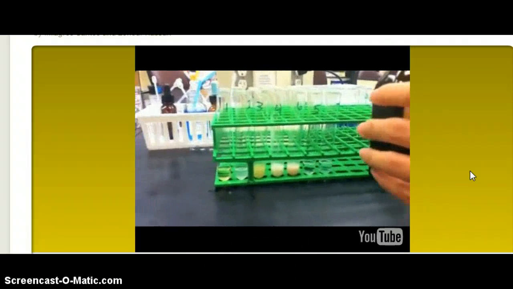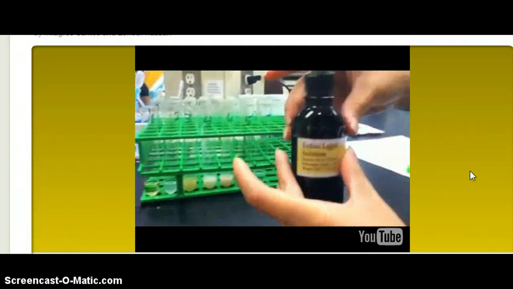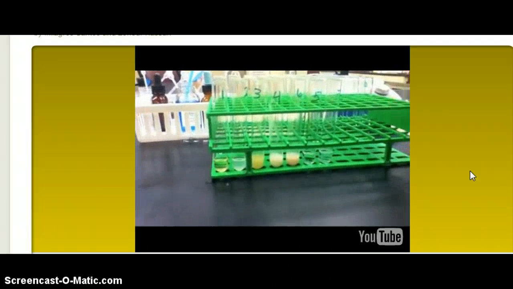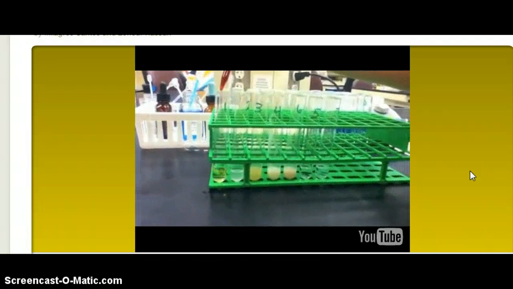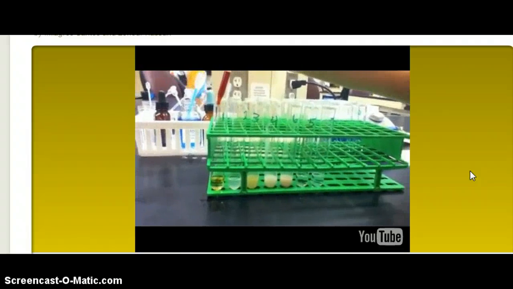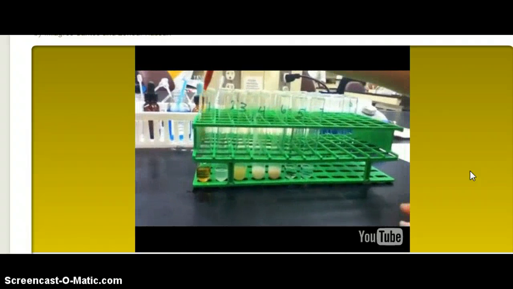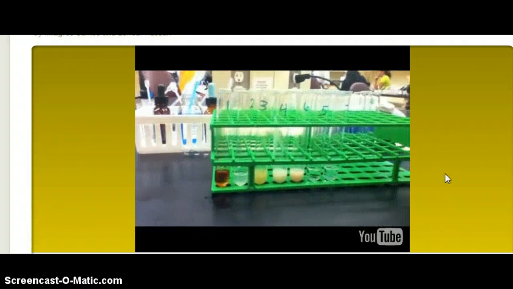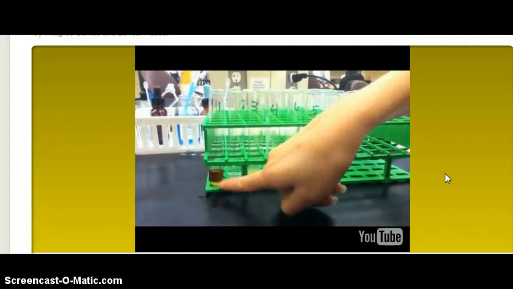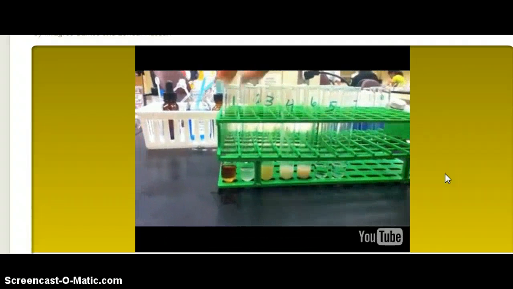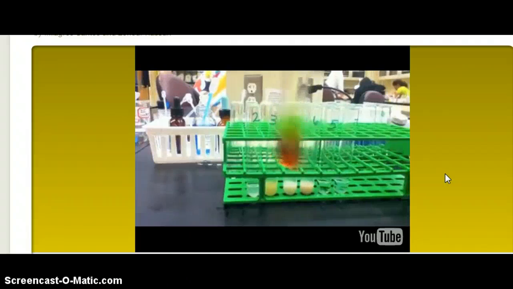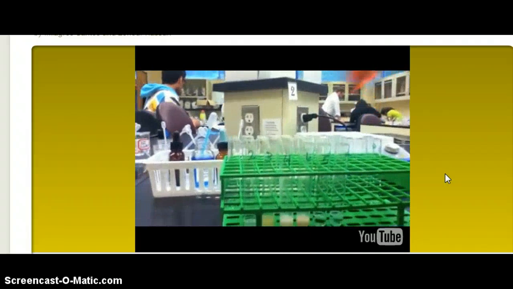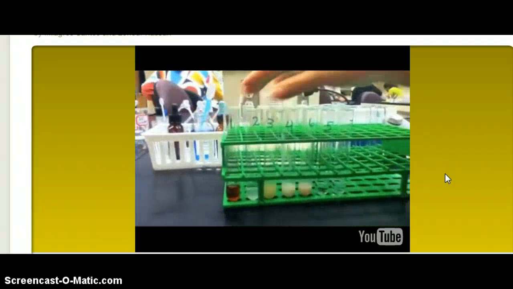So we're going to add 10 drops of iodine solution to each of these tubes and see if there are any changes. You can see it's just mixing. It changed to brown, that light brown color.